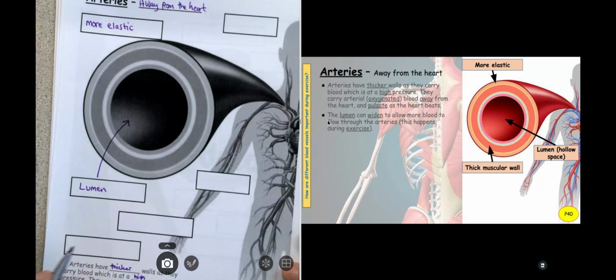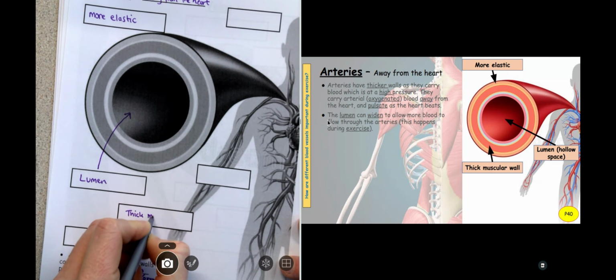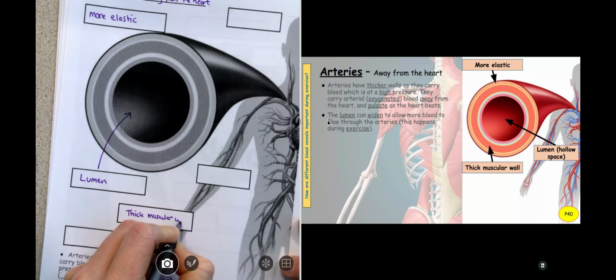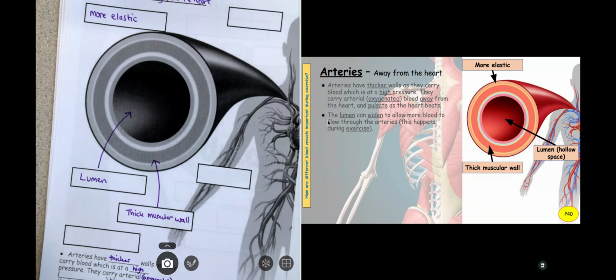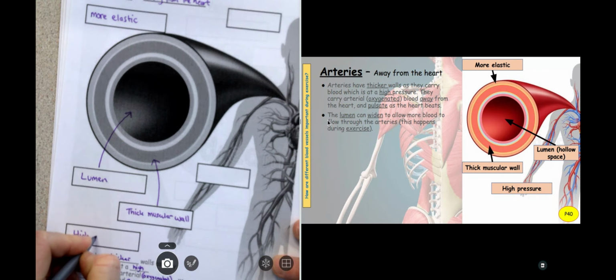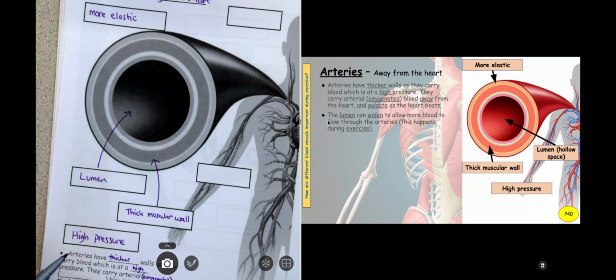They've got thick muscular walls to cope with high levels of blood pressure. Because the blood's just been ejected out of the heart, it's obviously under a much higher pressure, which is why they need to be able to change their size, why they need the thick muscle walls.